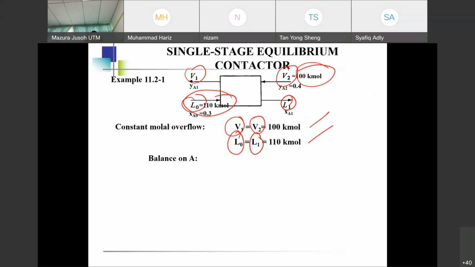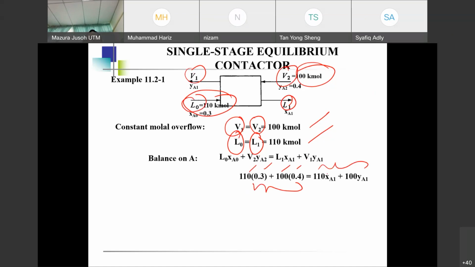So first we will do balance on A. Okay, put all the numbers that you have. Okay, these are for the inputs. Now for the outputs, because of the constant molar overflow, you have 110 and 100 as well for the V and the L. So now what you are left to find is only XA1 and YA1 because you already got the amount of the flow rate, the amount of the component.